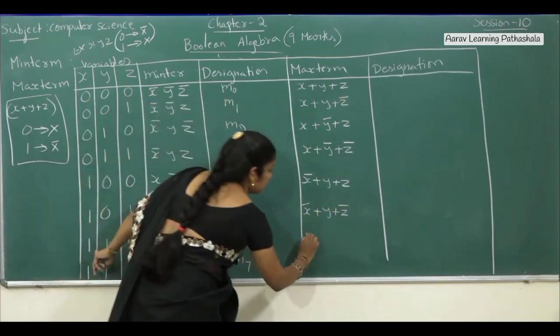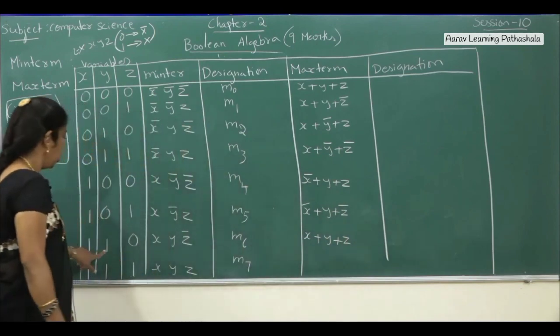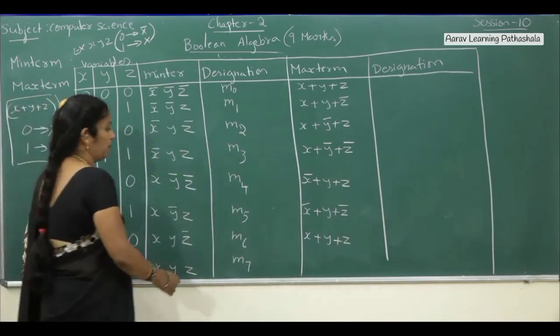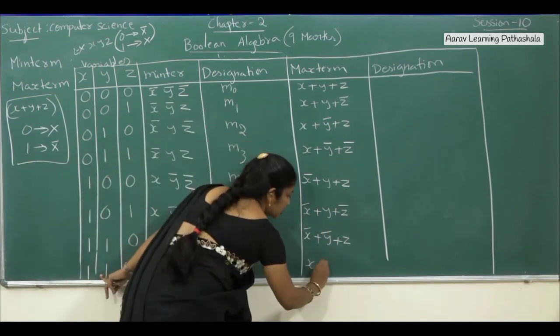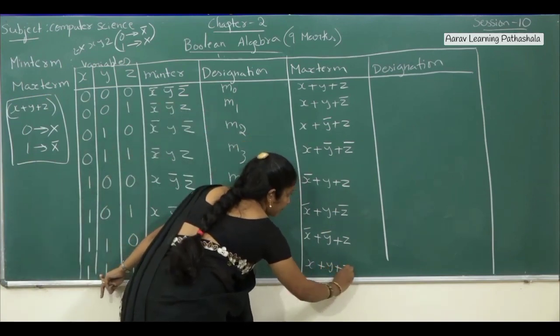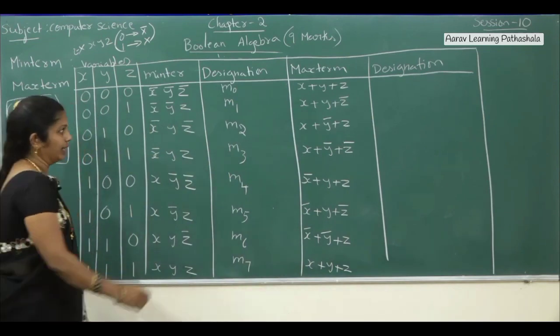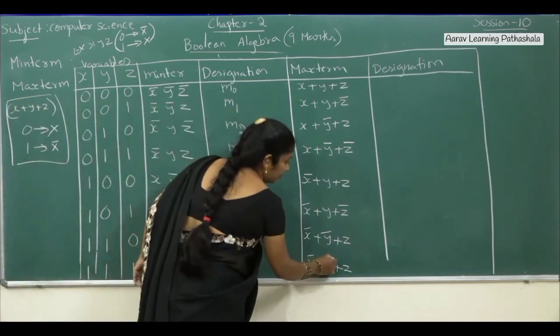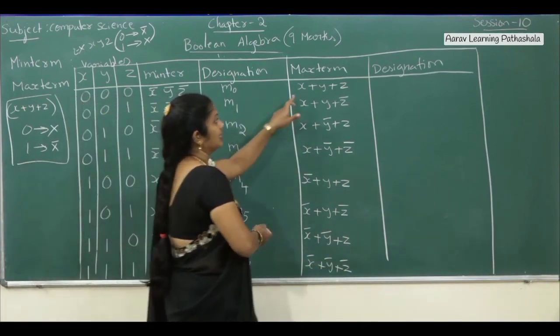Next, write down x plus y plus z. See the equation, only for the first two we have to put complement. Next, last one, x plus y plus z. Here for all the three we have 1, so for all the three I have to put complement. Now is it clear? Then how to represent the designation?